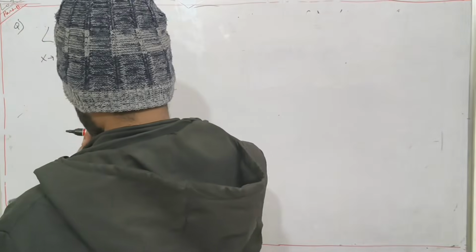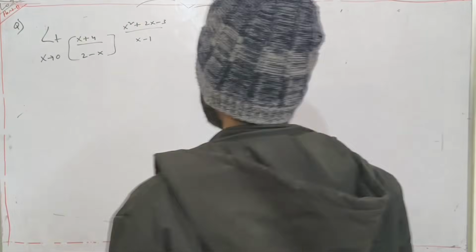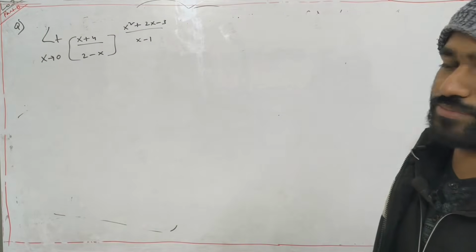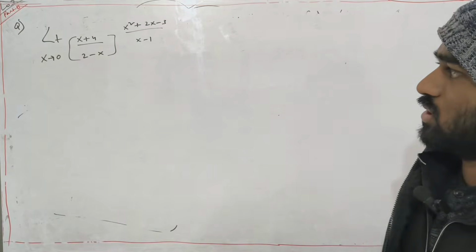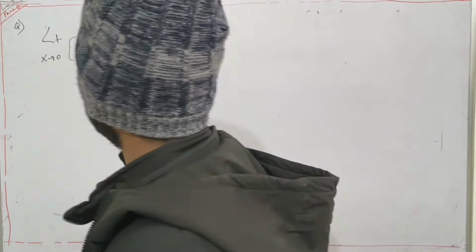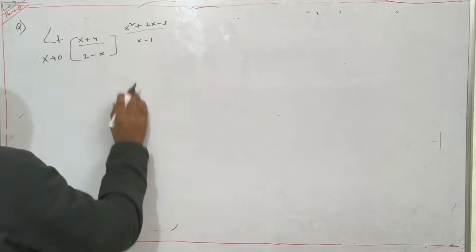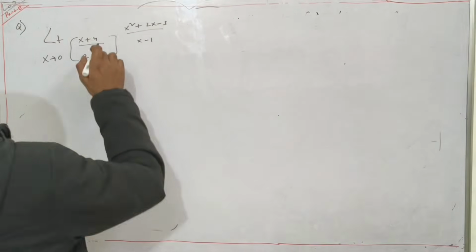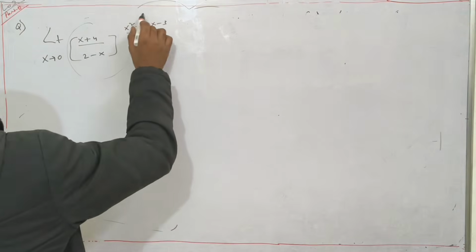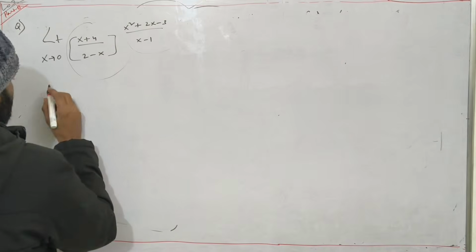So here, which rule should I use? For using that rule with f(x) and g(x), I should check whether individual limits exist or not. So this is f(x) in my assumption, and this is g(x). Let me see whether the individual limit exists or not at x equals 0.